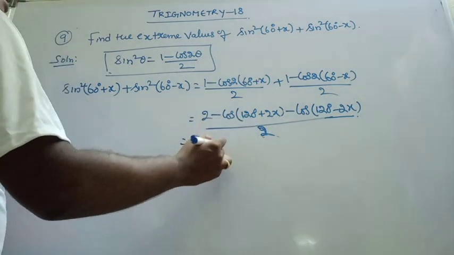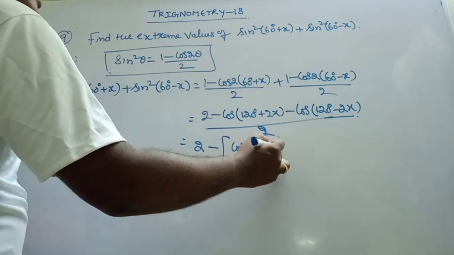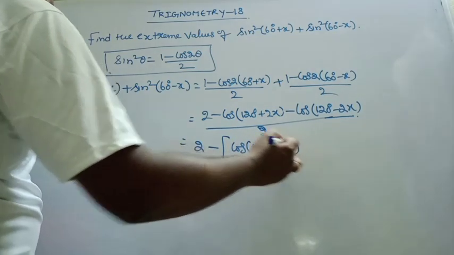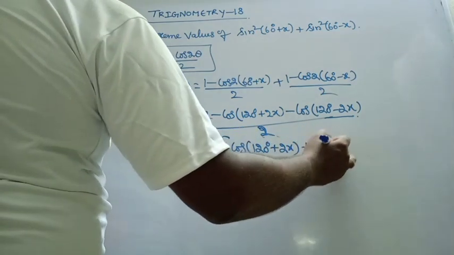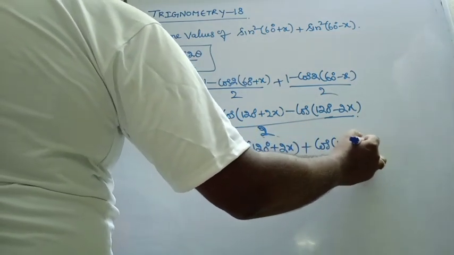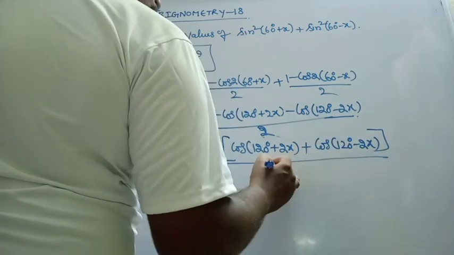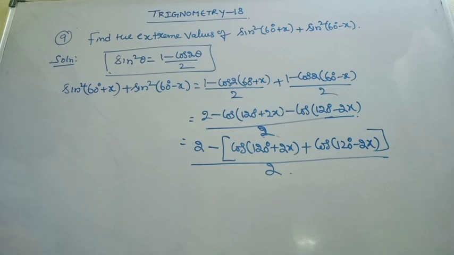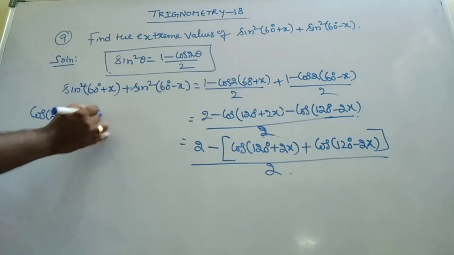Now 2 minus, if you take it common, this is cos(120 degrees plus 2x) plus cos(120 degrees minus 2x), whole thing by 2. You know, my dear students, one thing: cos(a plus b) plus cos(a minus b).